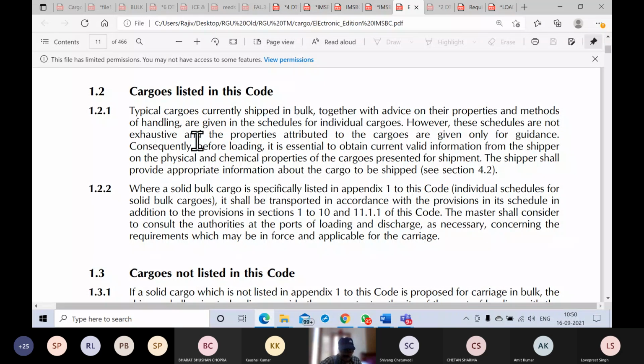But as we have said, the schedules given are only for guidance. So some current valid information should also be sought from the shipper. See, the shipper is making a declaration. He will include IMSBC code requirements and current information which he has in his possession.